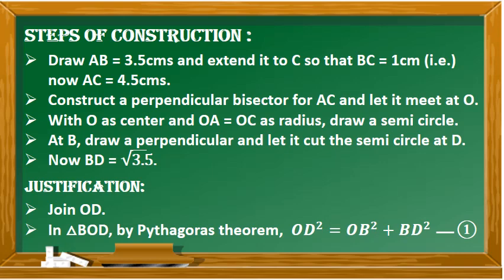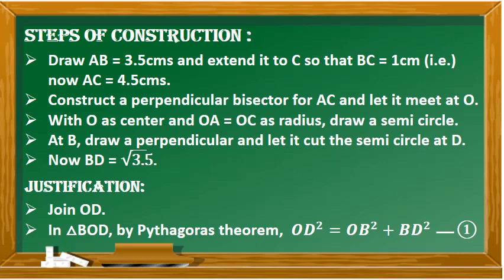Construct a perpendicular bisector for AC and let it meet at O. This was the second step we did. Now with O as center and OA equal to OC as radius, draw a semicircle. At B, draw a perpendicular and let it cut the semicircle at D. Now BD is equal to square root of 3.5.